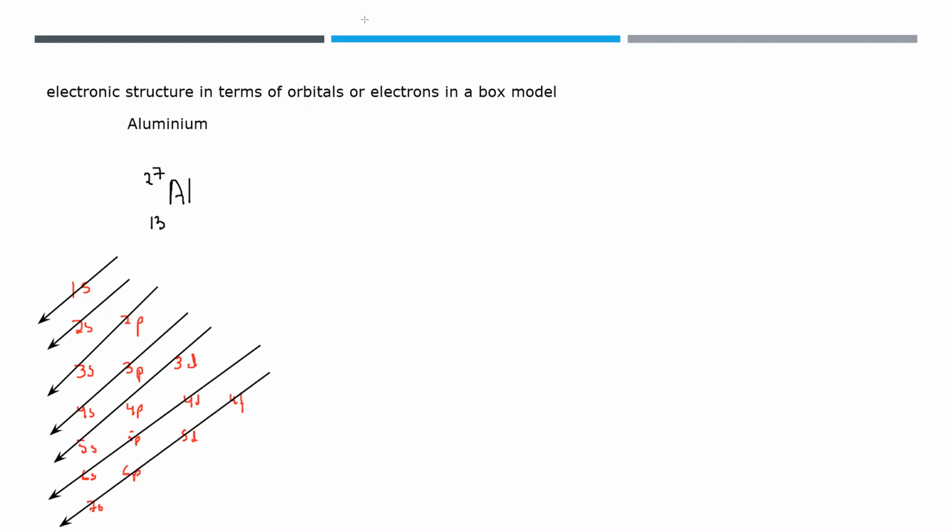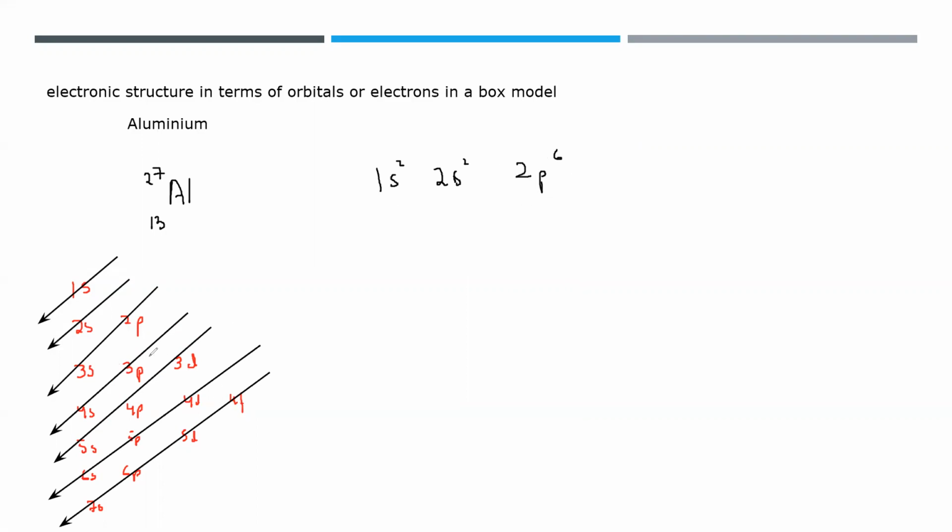filling up. So when I fill this up in terms of electrons, it will be 1s2, then 2s2, 2p6, then we already arranged 10 electrons, so we are left with 3.